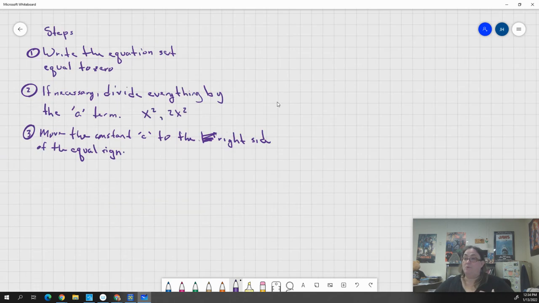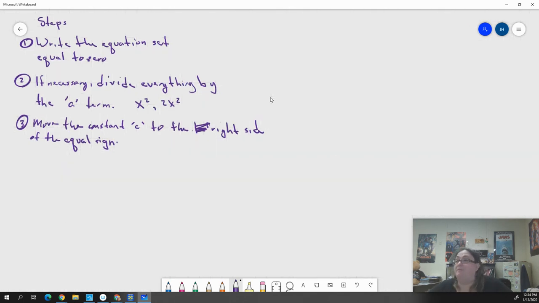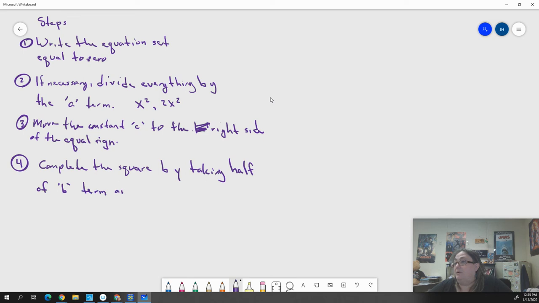Now, this will all make more sense once we've done a few examples, but I do like to have the steps written out. Once we do that, we're going to complete the square by taking half of our B term and squaring it.